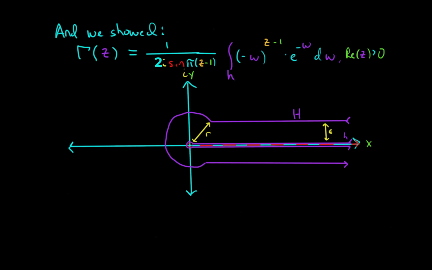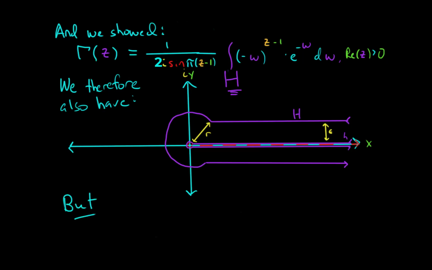And now here's the payoff for all that hard work we did using Cauchy's theorem, because we showed that the integral over the limit contour is equal to the integral over the Hankel contour. I can write gamma of z equals 1 over 2i sine pi z minus 1 times the integral over the Hankel contour of the function negative w to the z minus 1 times e to the negative w dw.